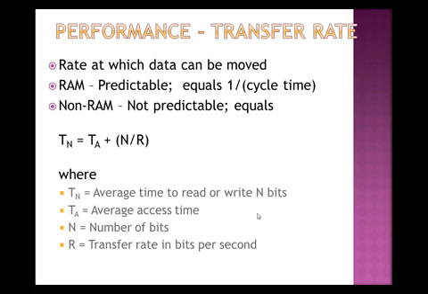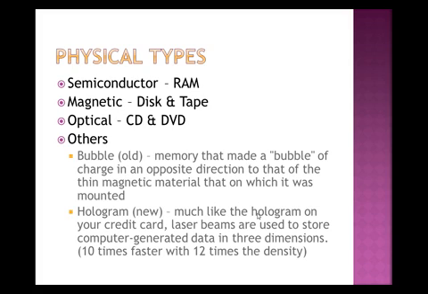In the same way, for non-random-access memory, the transfer rate cannot be predicted in advance, and it equals Tn = Ta + N/R.